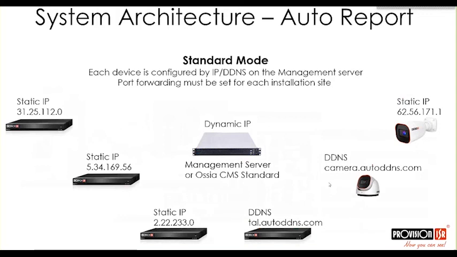In order for it to work with the CMS, each one of these devices, you need to set port forwarding from this IP or from this DDNS to the device itself. So you have 2 ports here, the HTTP port and the data port, 2 ports here, 2 ports here, 2 ports here, 2 ports here.